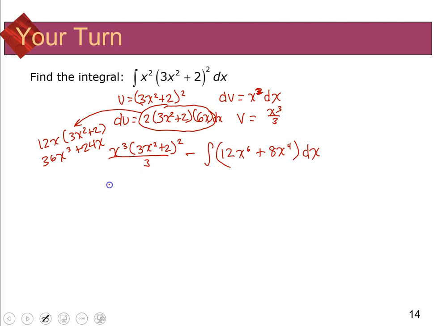And then, of course, I would integrate. This stays the same. I'm going to have 12x to the 7th over 7 plus 8x to the 5th over 5. I could put the plus c in at this point.